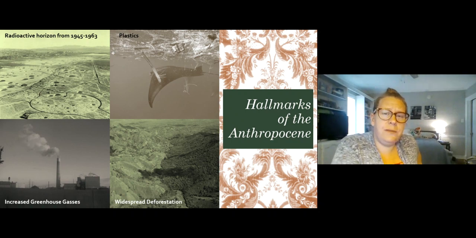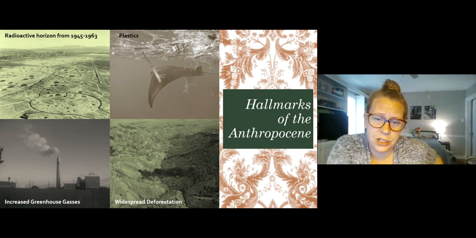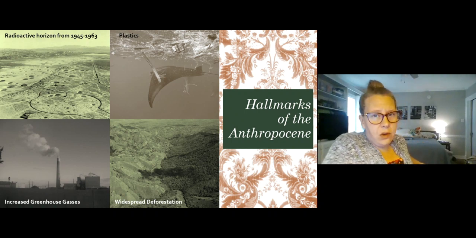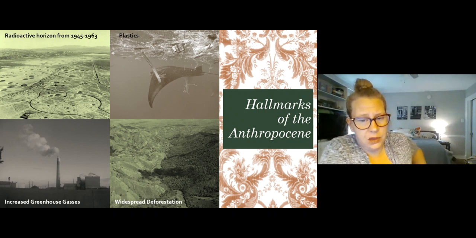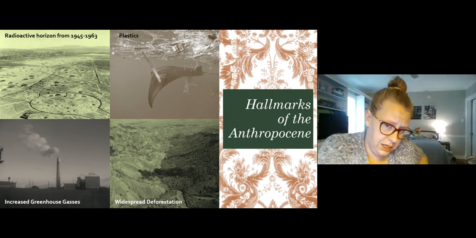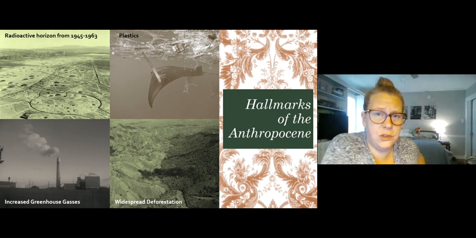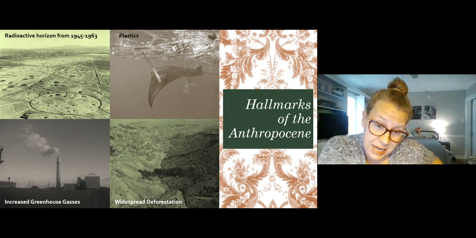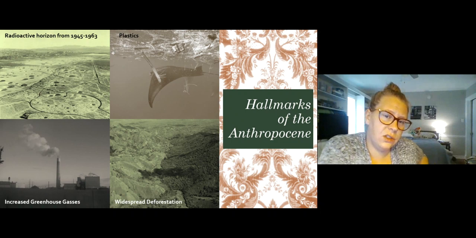Another one is widespread deforestation. We'll talk about deforestation a little bit more when we talk about biogeography. But when you cut down a whole bunch of trees, like this picture here, by the way, is the border between Haiti and the Dominican Republic. And the Dominican Republic's the side that still has trees. When you cut down your trees like this, you speed up the process of erosion because tree roots hold dirt and rocks and stuff in place.